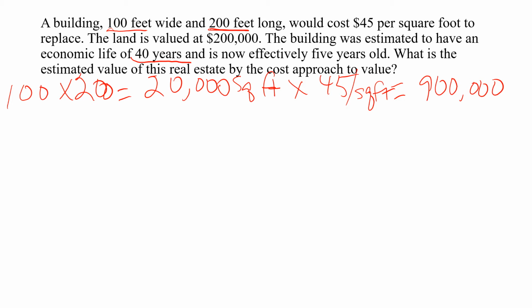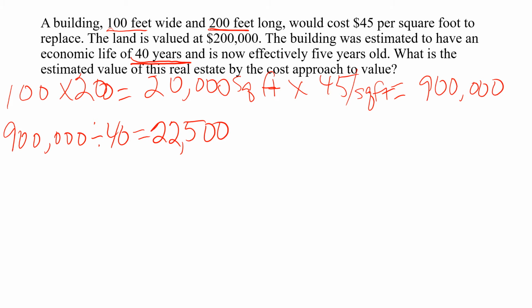It's got 40 years life, so let's take our 900 divided by 40. That equals per year of 22,500. It's 5 years old. That's 112,500.